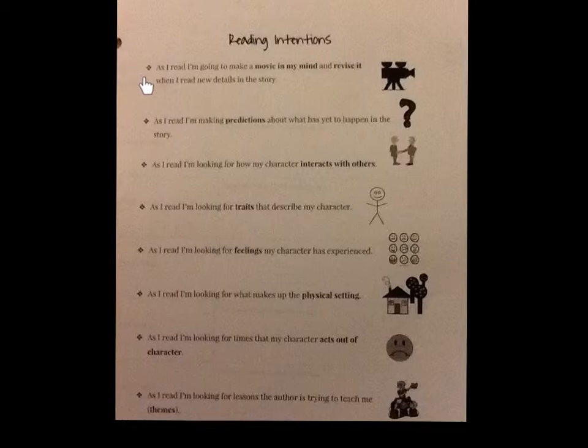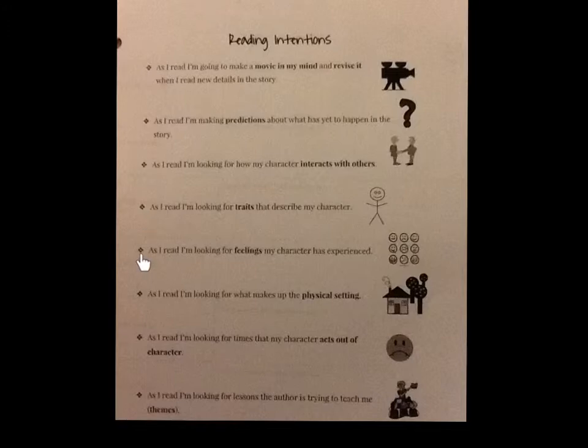As I read, I'm going to make a movie in my mind and revise it when I read new details in the story. As I read, I'm making predictions about what has yet to happen in the story. As I read, I'm looking for how my character interacts with others. As I read, I'm looking for traits that describe my character.